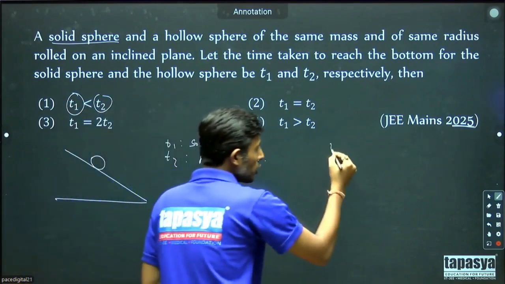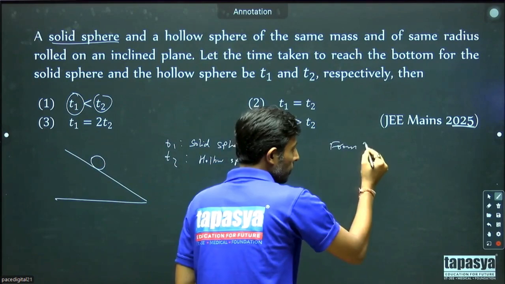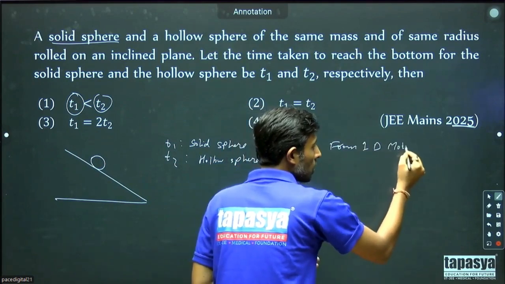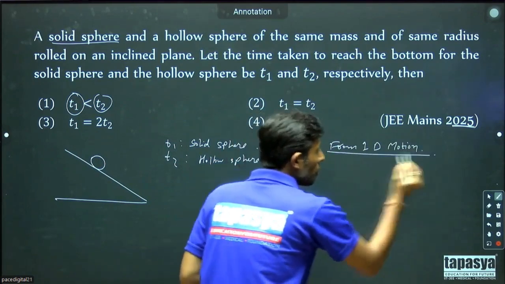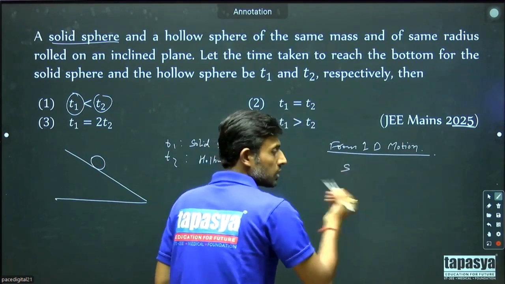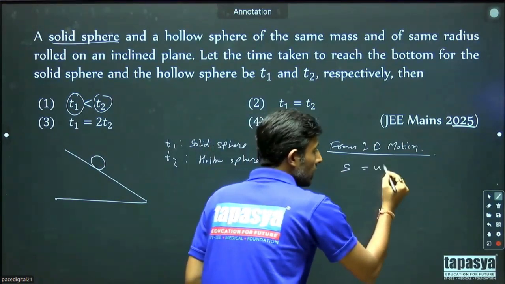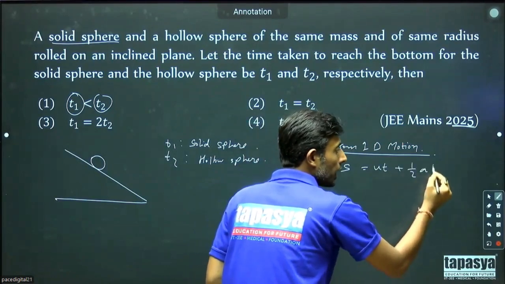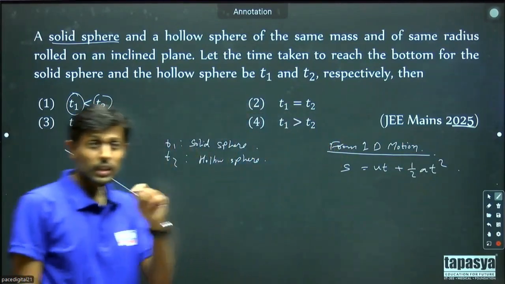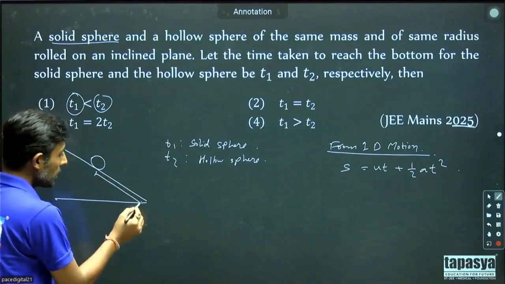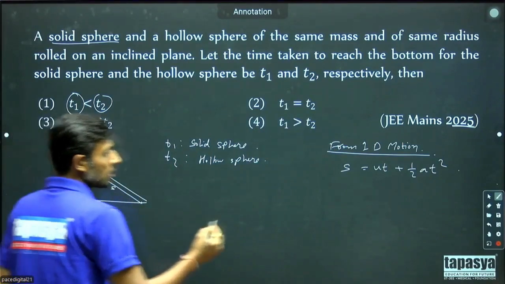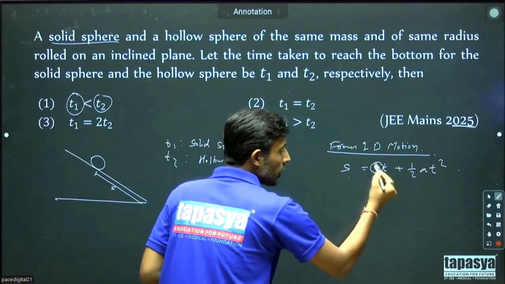So from 1D motion, we know that distance or displacement is given by ut plus half at square. In this case, distance would be this. Let's call it s. And initial velocity is 0.